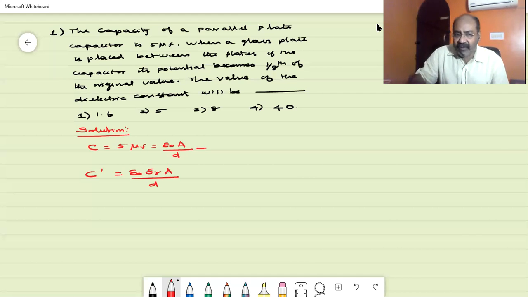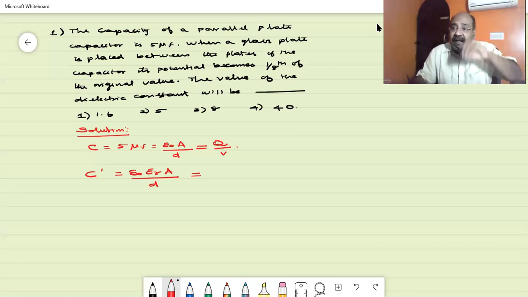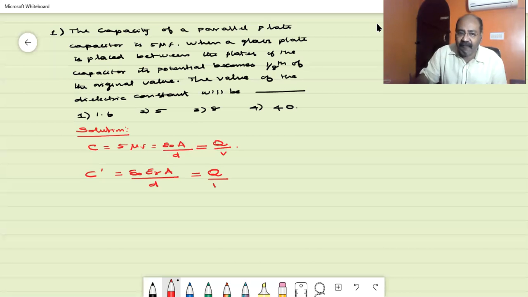In general, we can say that the capacitance C is given by the formula Q divided by V. When the dielectric is introduced, the potential becomes 1 by 8 of the original, so C dash will be Q divided by V divided by 8.